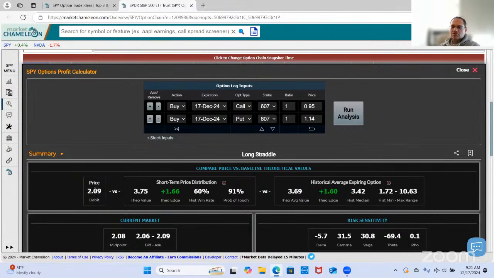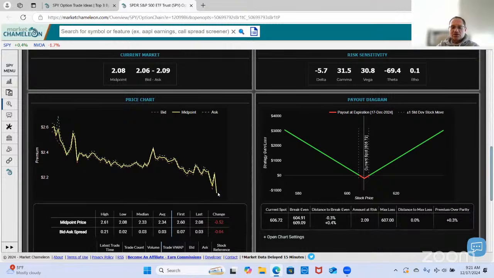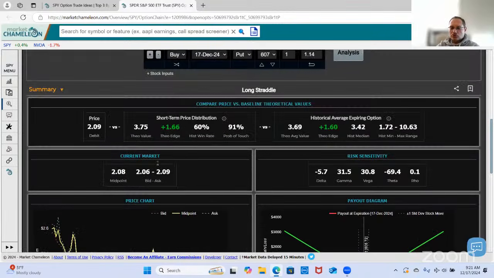Okay, so that's the straddle trade idea card, how it was generated. If we come lower, we could keep evaluating it. We could look at it from the liquidity, the bid and the offer. We could see that it was bid 206, offer 209. So it's 3 cents wide between the bid and the offer, which is not very wide.